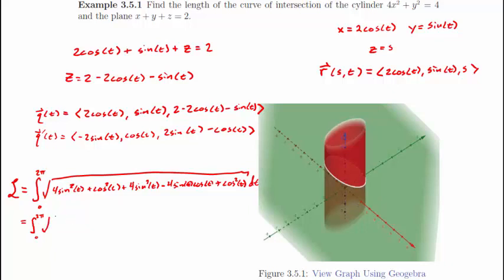So we have the square root of 8 sine squared of t minus 4 sine of t cosine of t plus 2 cosine squared of t dt.